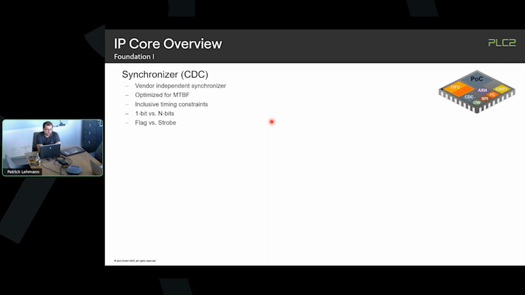And for basic components, we have synchronizers for everything that's related to crossing clock domains. There under the hood, we have vendor-independent synchronizers at first that you can instantiate in your design. And as I said before, there's a certain configuration with your FPGA part name in the library itself.